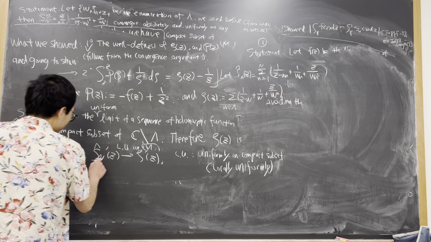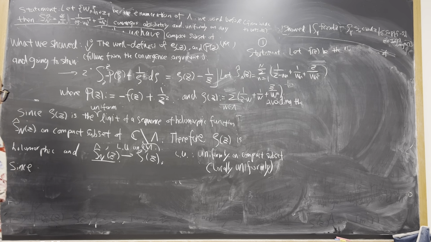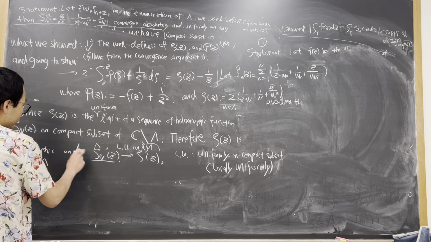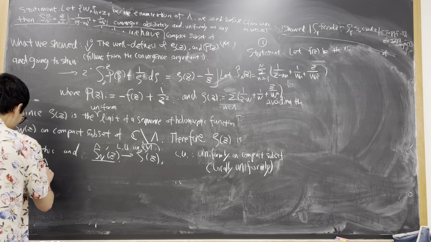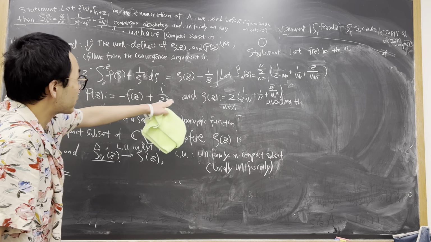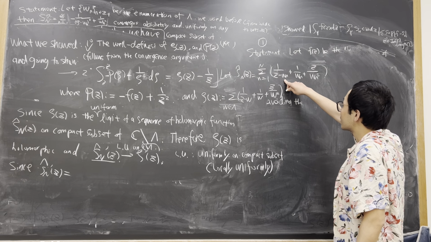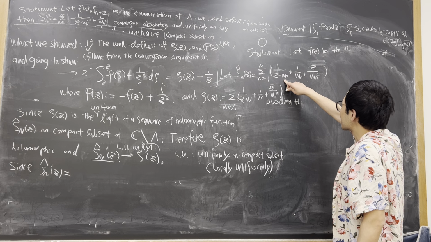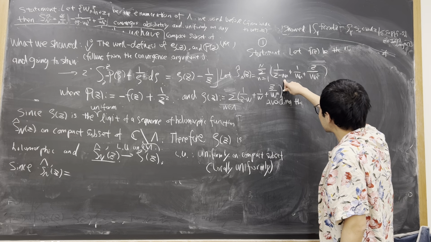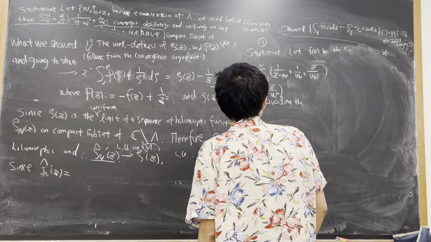And now what is this S hat n prime z, right? So this S hat n prime z is basically, we take the derivative of this guy. So what we get is that this is negative 1 over z minus omega n squared, right?